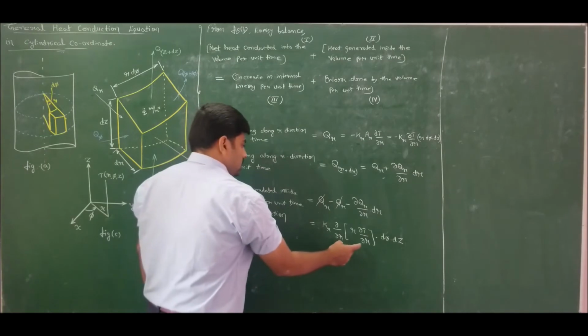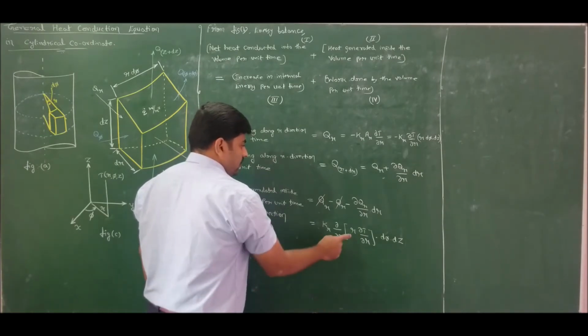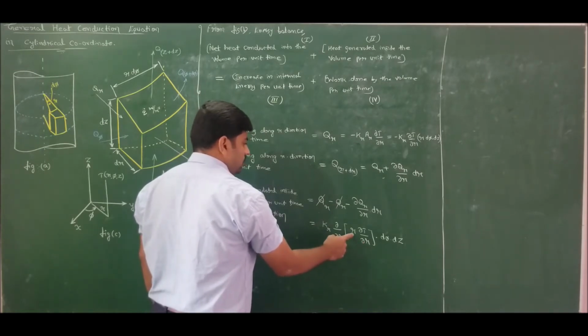So now this is of the form differentiation of u into v root. First function into differentiation of second plus second function into differentiation of first.